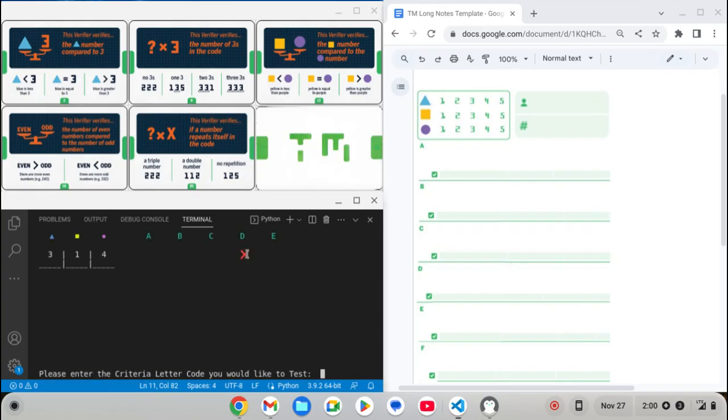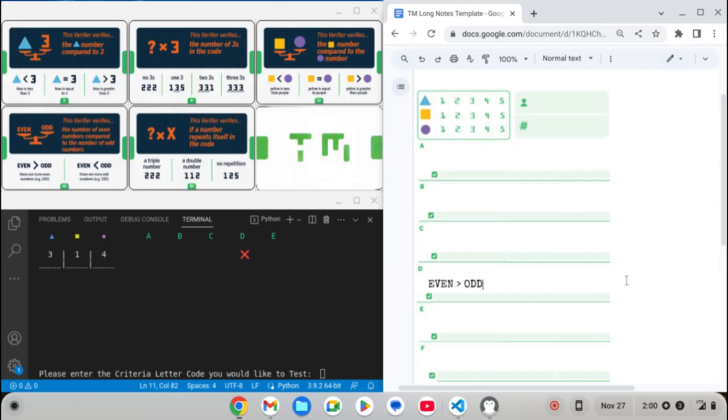Okay, so the Turing Machine does not approve of my choice in proposal 314. And recall that criteria card D will let us know something about the ratio of even to odds. Since I do have 2 odds to a single even, and the Turing Machine does not approve of that, it's actually informing us that there should be more even than odds. So let's go ahead and type that up in our notes in section D, and we'll say that there are more even than odds.